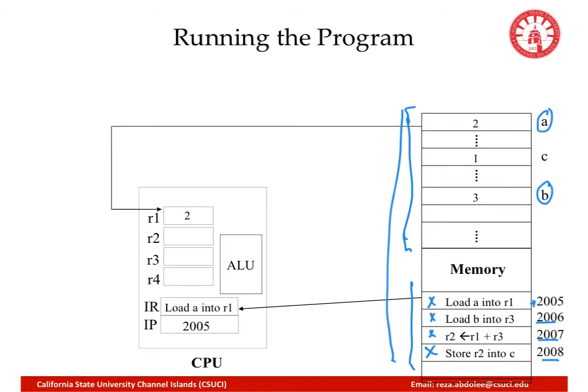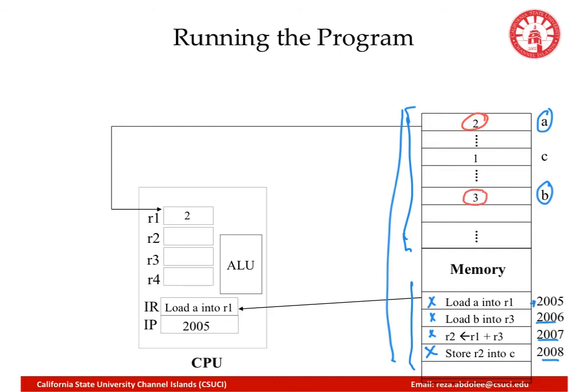So for us now, A is pointing to a memory location that contains the value 2, and B is the pointer that points to the memory location with a data value of 3.